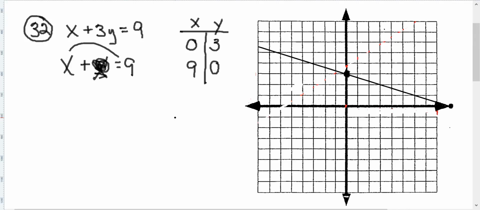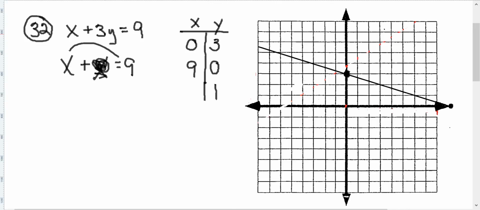And then you could, for example here, pick another point. If y were 1, what would x be?